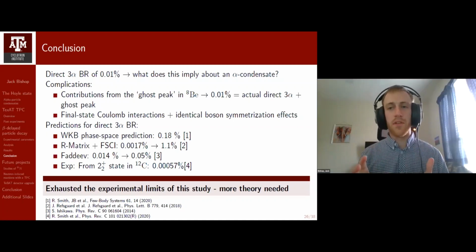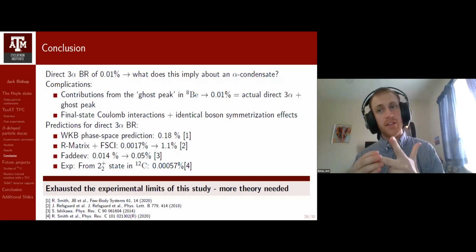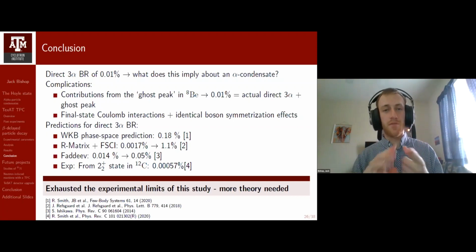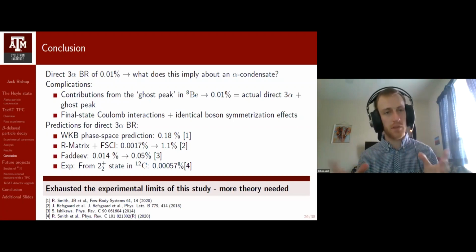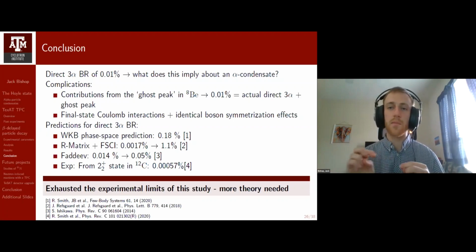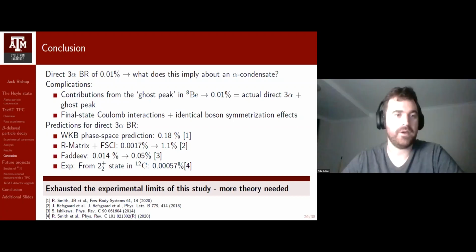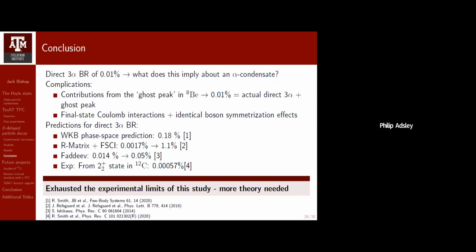So you can end up with a decay that looks direct, and it could either be from the beryllium 8 ghost peak, or it could be a true direct decay. And the difficulty is that everything, the energy partition, the angles, whatever, are going to be identical for those two. So experimentally, you can't disentangle those. Okay. Thanks. Thank you.